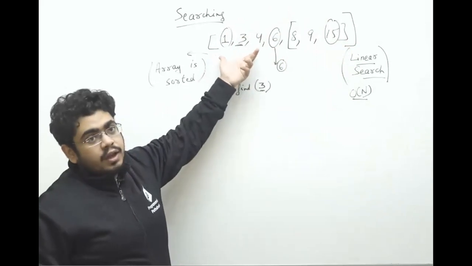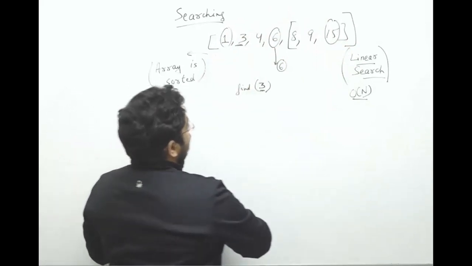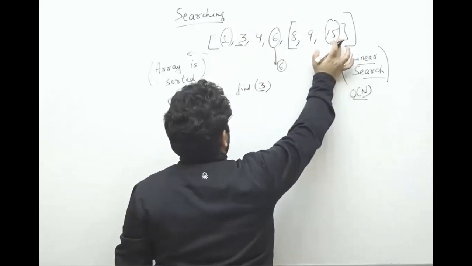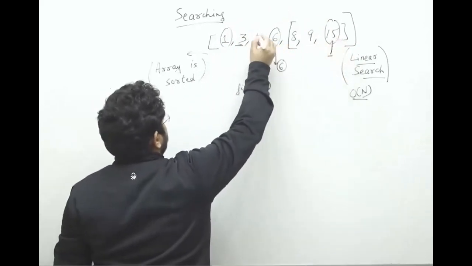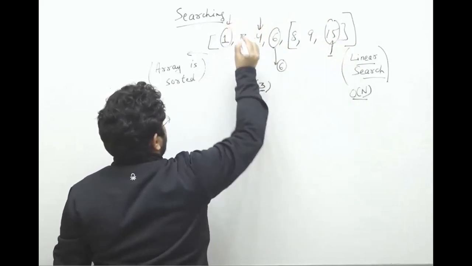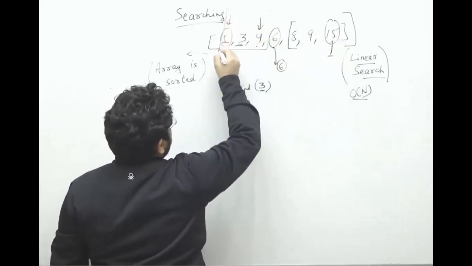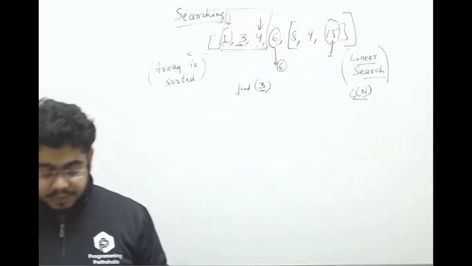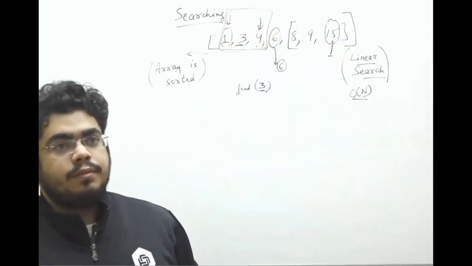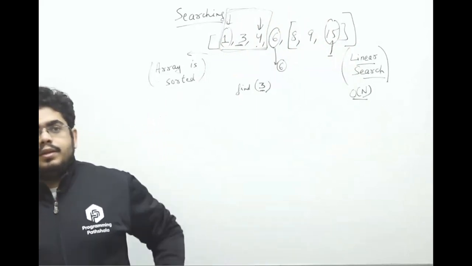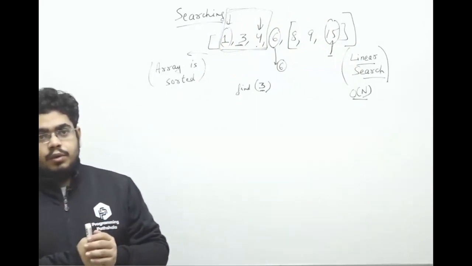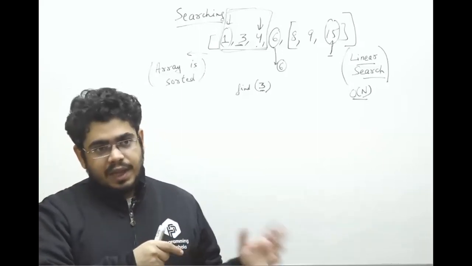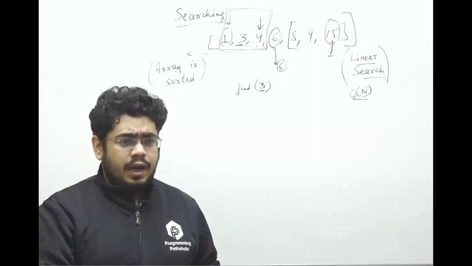It must be present on the left side. So that is exactly what you do. You say you will change your maximum to mid - 1, that is this, and you will only search in this remaining domain. Does that make sense to everyone? That I only search in the left half now, and you will use the same idea. Find the middle, check if you want to search on left or right, and go according to that.